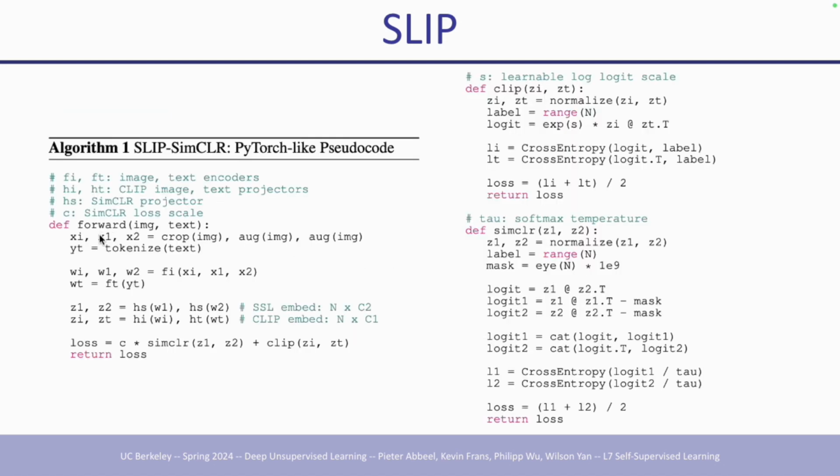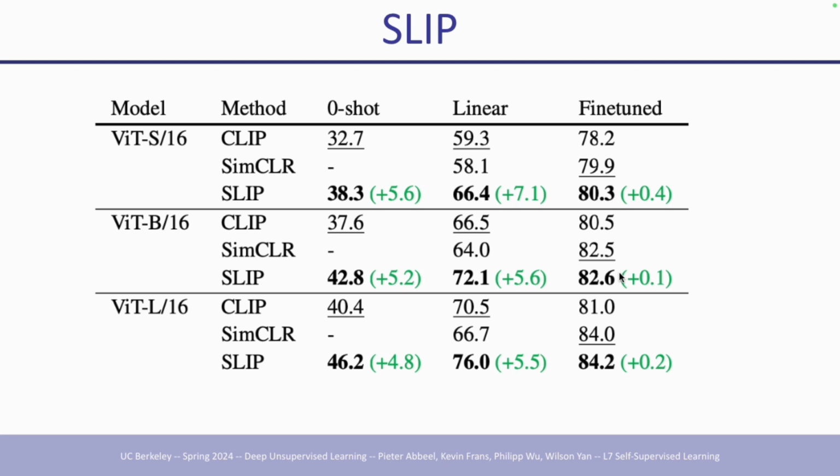The algorithm is pretty straightforward. They're using SimCLR as their self-supervised learning approach here. Again, we have our two augmentations because we need those for self-supervised learning. We embed these to get our latent value Z. Then we apply the normal SimCLR loss and the normal CLIP loss and add them together, shown over here on the right.